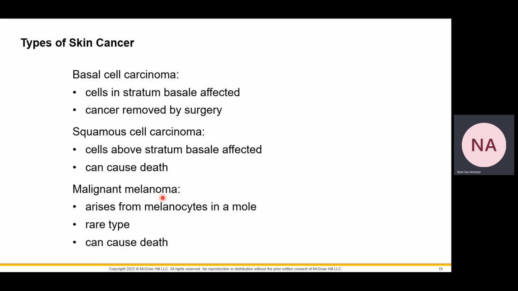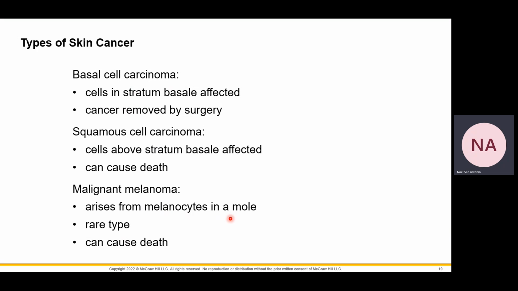And it's called melanoma because it arises from the melanocytes that are found in a mole. A mole is pigmented because it is a spot in the skin where there is a concentration of melanocytes. Therefore, it is pigmented because of the concentration of melanin.